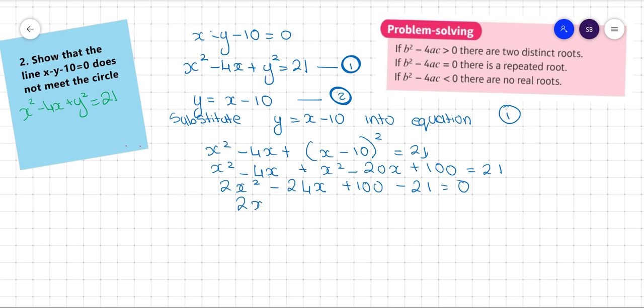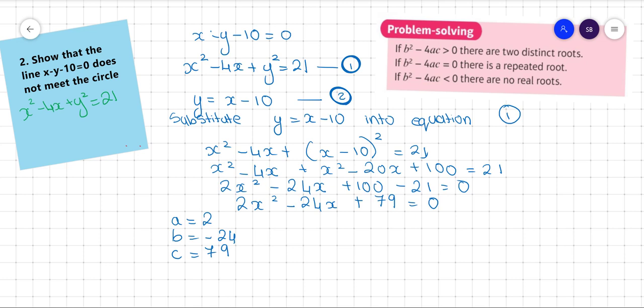So 2x squared minus 24x plus 100 minus 21 is 79 is equal to 0. Now here a is equal to 2, b is equal to minus 24 and c is equal to 79.